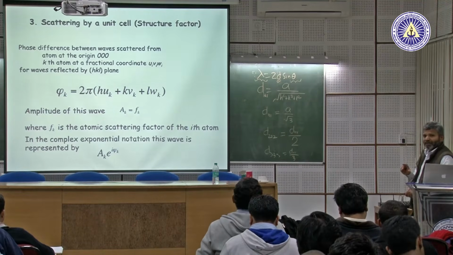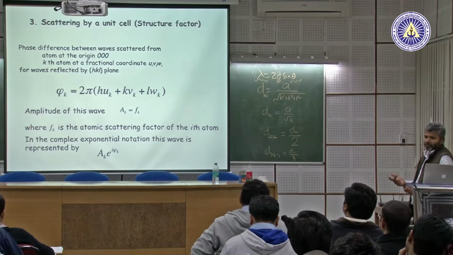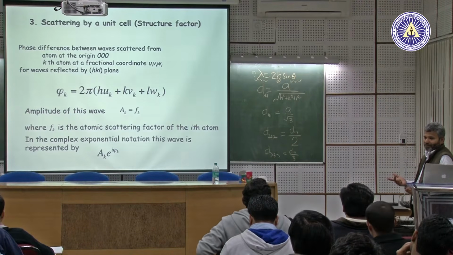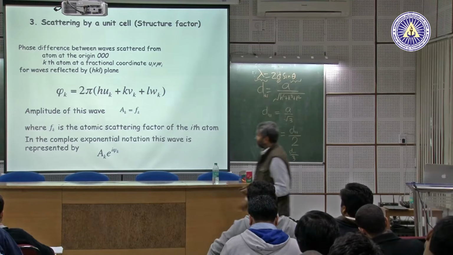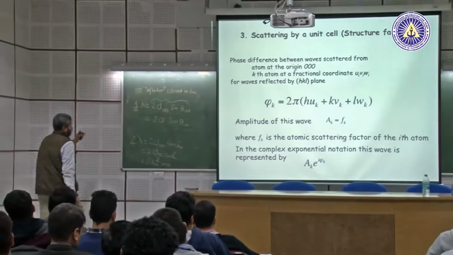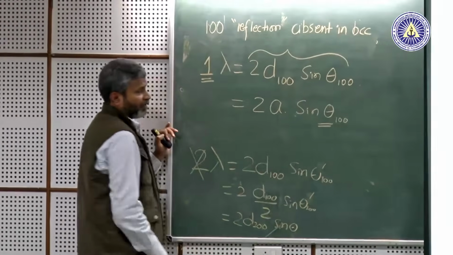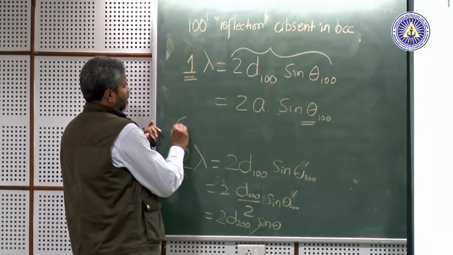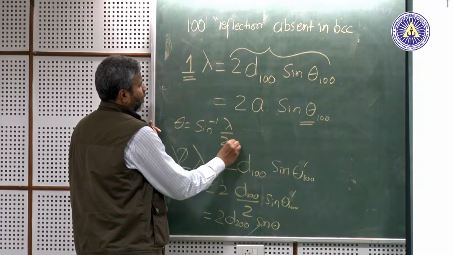Now, we did something. We said that the 100 reflection is not there in BCC, but we satisfied Bragg's law for the 100 reflection, and we calculated a value of theta. Theta is sin inverse of lambda by 2a.